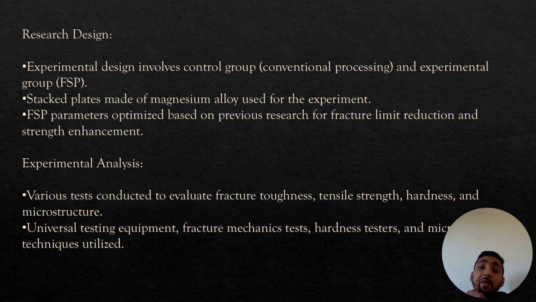In my experimental analysis, I use different types of tests conducted to evaluate fracture toughness, tensile strength, hardness, and microstructure. Also, I use universal testing equipment, fracture mechanics tests, hardness testers, and microscopy techniques.